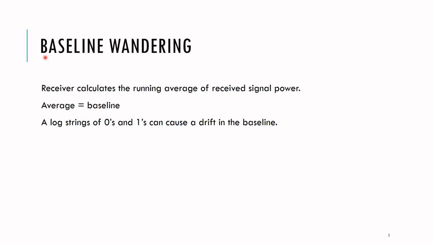Now, long strings of zeros and ones can cause a drift in the baseline, which we call baseline wandering, and that makes it difficult for the receiver to decode correctly. So a good line coding scheme needs to prevent baseline wandering.